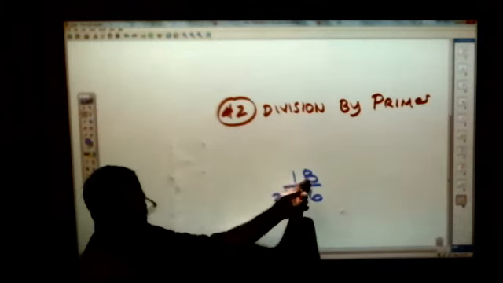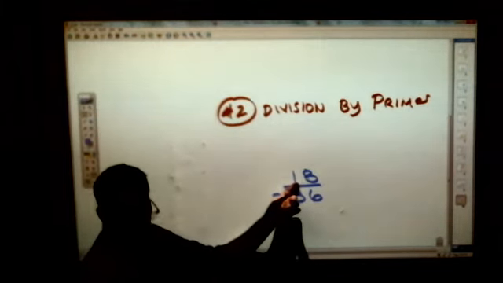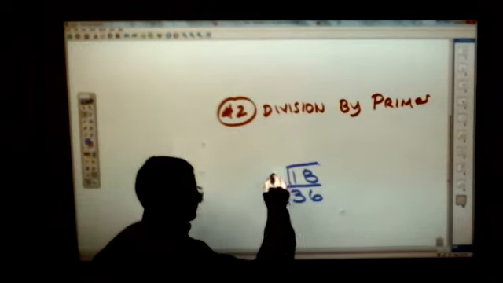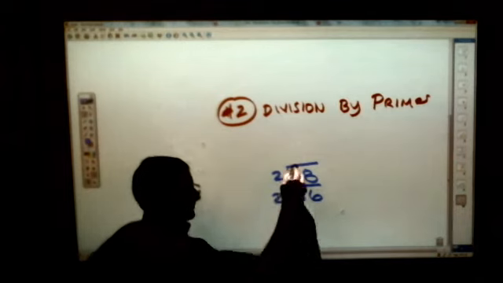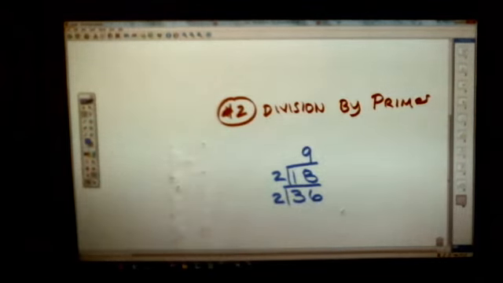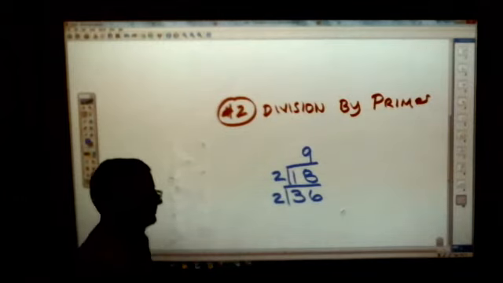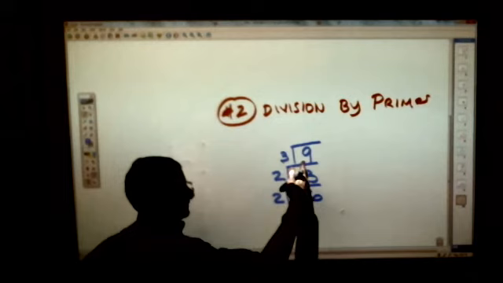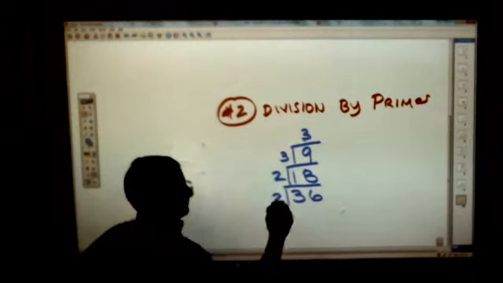As long as I keep getting an answer that's not a prime number, I keep dividing it by a prime number. So 18 can be divided by 2 again, which gives me 9. Is 9 a prime number? It is not, because it can be divided by 3. And 9 divided by 3 is 3.